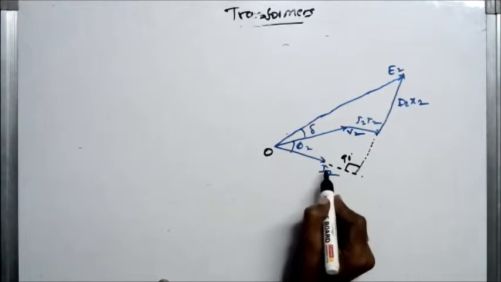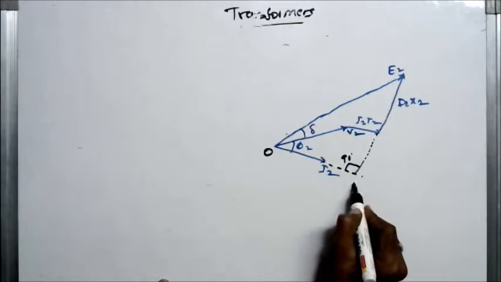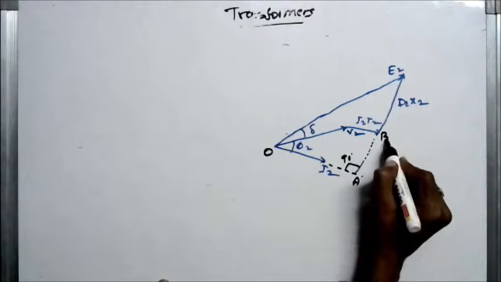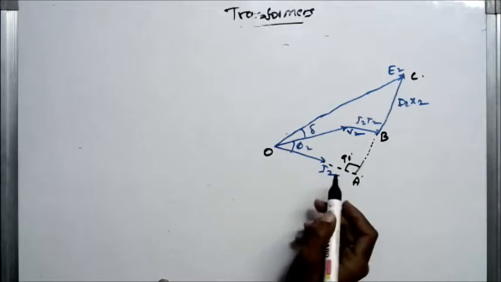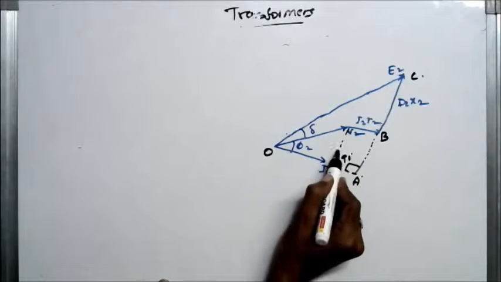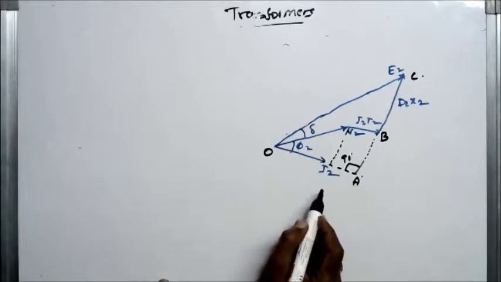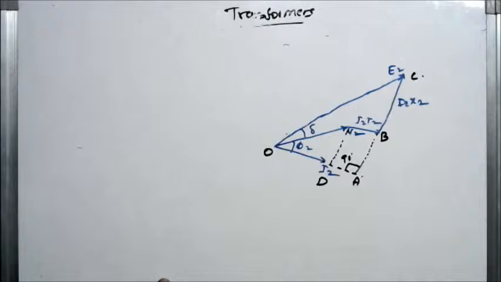O, A, B, C. Okay. Now this I2 R2 drop is projected in this way. Okay, this I will take as D.